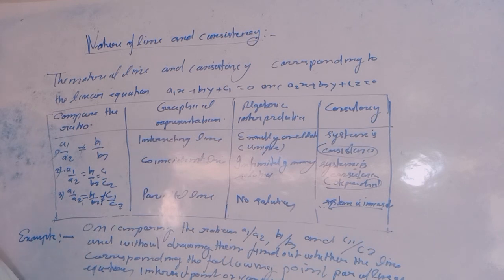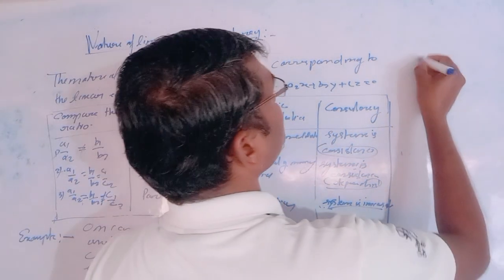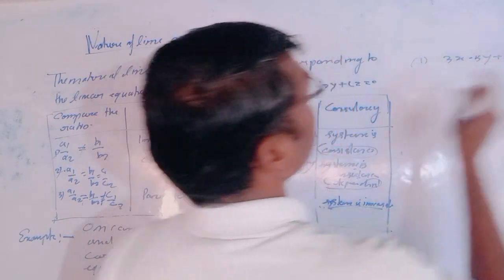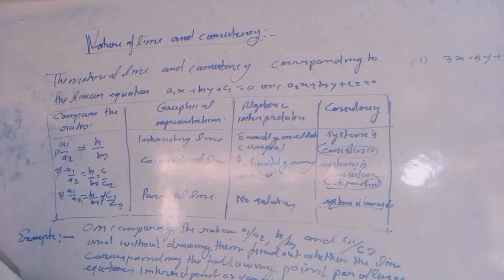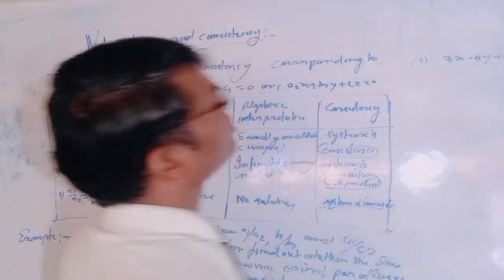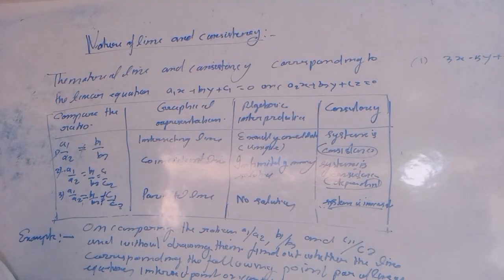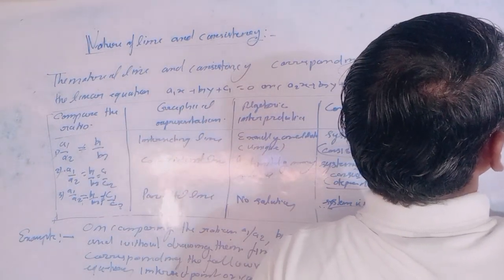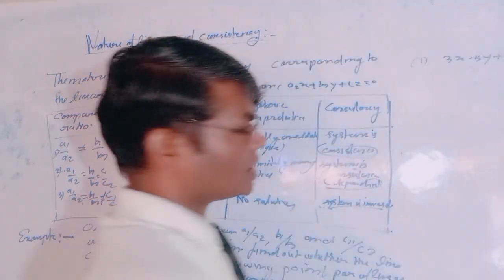So we have written the questions. First equation: 3x minus 5y plus 8 is equal to 0, and the second equation: 7x plus 6y minus 9 is equal to 0. These are the equations given here.